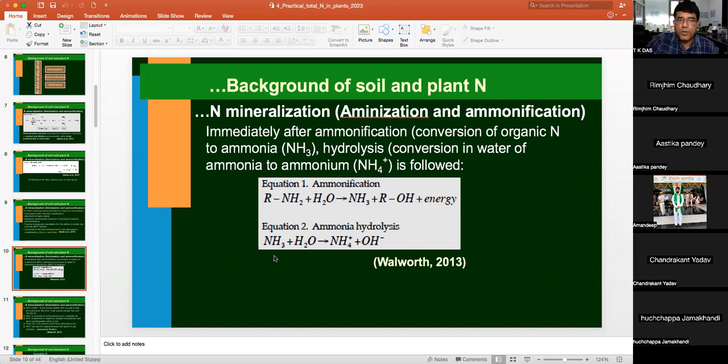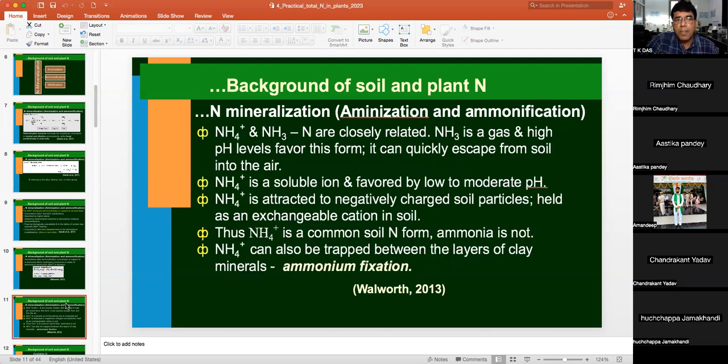I have already told you that ammonia is released from amines, water and some organisms, and energy is also produced. Then this is hydrolyzed, meaning it reacts with water and forms ammonium plus hydroxyl ions. And you have seen the fate of this ammonium.